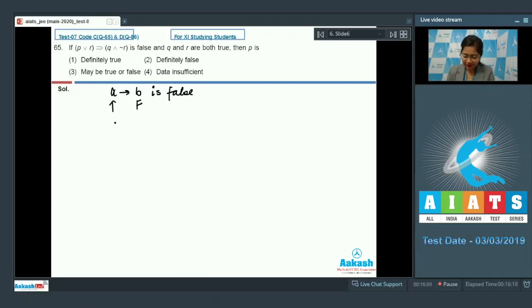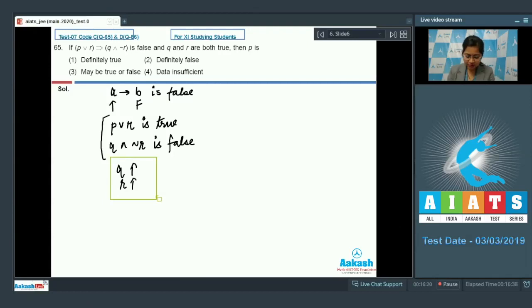So from here we get that P or R is true and Q and negation R is false, right? And it has been given to us that Q is true and R is also true. So this is given to us.